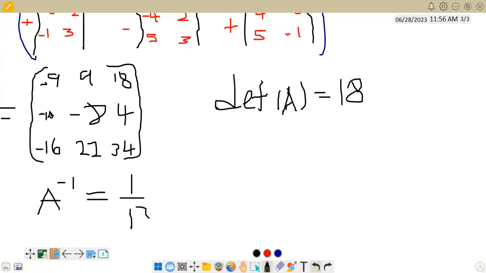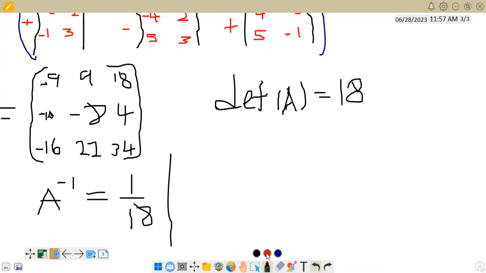Then multiply by the adjoint, which we will now find. Now we'll find this result.